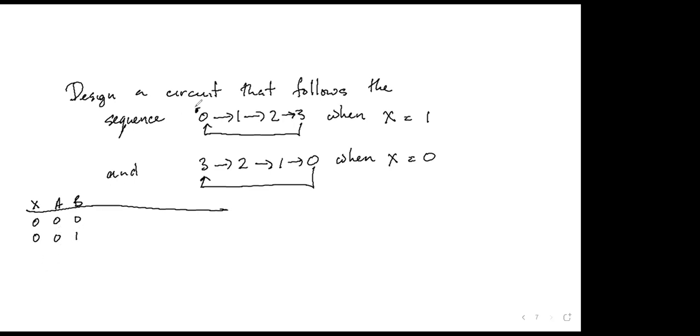Because remember now, this is still 0, 0, 0, 1, 1, 0, 1, 1. And this is A, and this is B, and this is my X. So for X, we're going to list all of the possible sequences. Need more space.